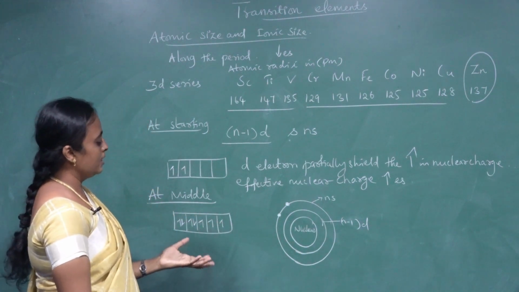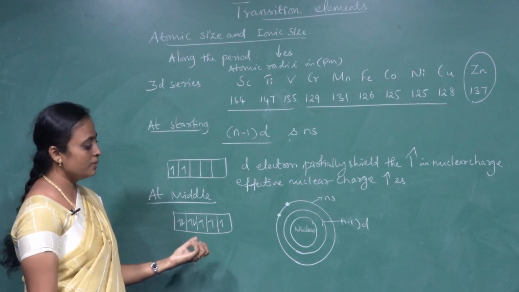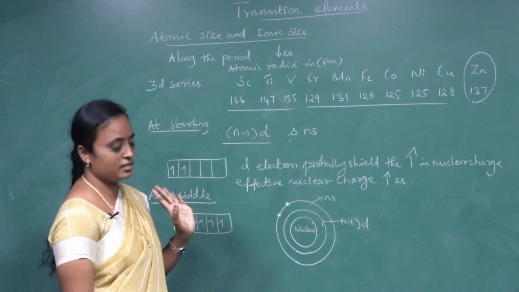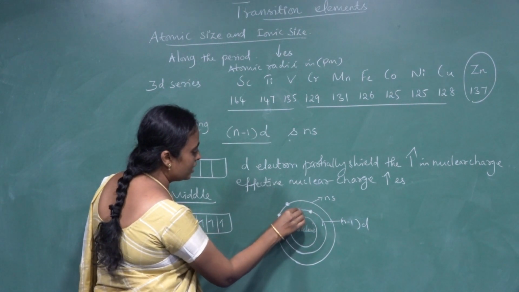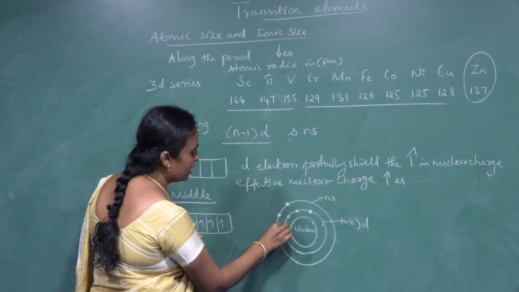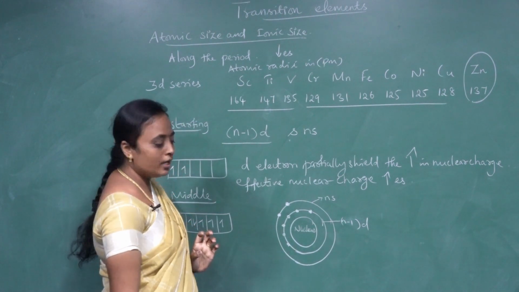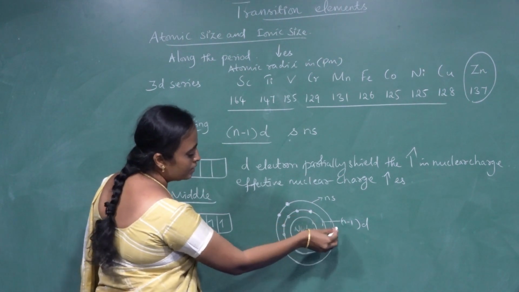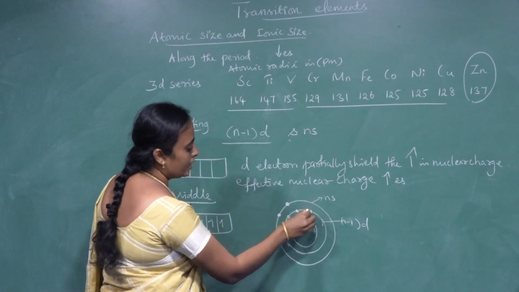If you consider pairing starts, what's the meaning of pairing starts? It means the number of electrons increases. So if the number of electrons goes on increasing, what happens? There will be repulsion between the n-1d electrons and the ns electrons.